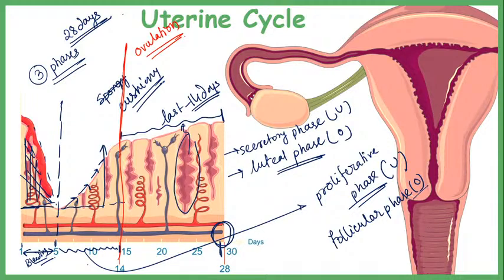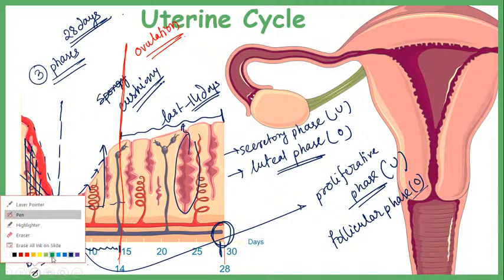This is a very oversimplified idea of the menstrual cycle. The menstrual cycle is not that simple, but in your syllabus you do not have anything more than that. Now one last thing after which I will be finishing the class today.